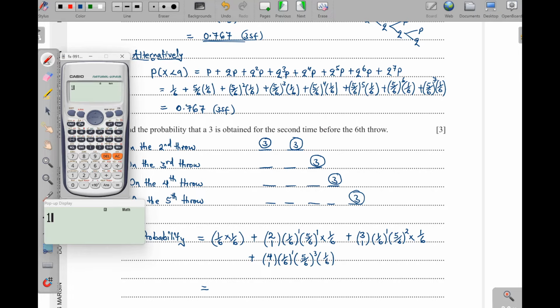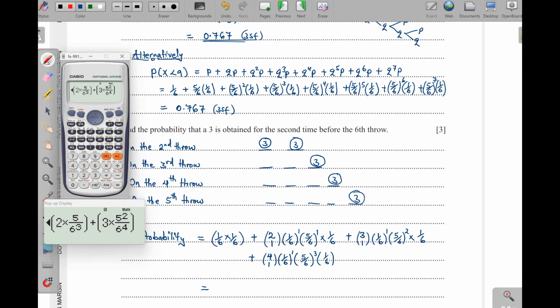Now when we put everything in the calculator here, what do we get? 1/6 times 1/6, that is 1/36. Then we go to the next one. 2 combination 1 is a 2, then times, we have 5, then out of the 6's will be to the power of 3. Okay, then the next one, 3 combination 1 is a 3, then times, we can see 5 squared, then out of 6's there, they're going to be altogether 6 to the power of 4.